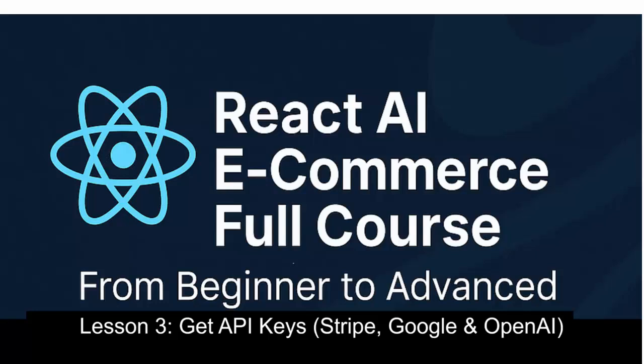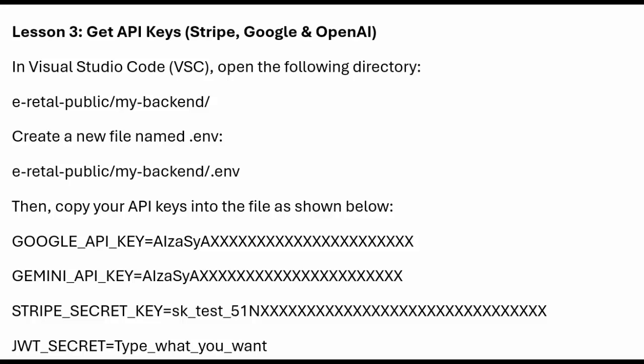Lesson 3, get API keys, Stripe, Google, and OpenAI. In Visual Studio Code, open the following directory. Create a new file named .env. Then copy your API keys into the file as shown below.